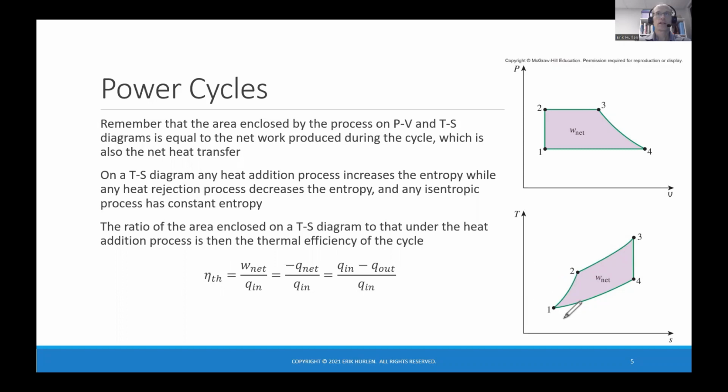These can be seen on this T-S diagram here. 1 to 2 and 2 to 3 involve heat addition, 3 to 4 being an isentropic process, and then 4 to 1 involving heat rejection. The efficiency can then be found by taking the ratio of the area enclosed, equal to the net work, to the area under the heat addition process, which is equal to the heat in, which would be this area down here.